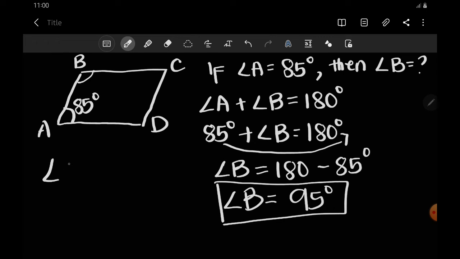As you can see, angle A is 85 while angle B is 95, and if we take the sum of these two angles, we come up with 180 degrees. So it means that consecutive angles are supplementary.